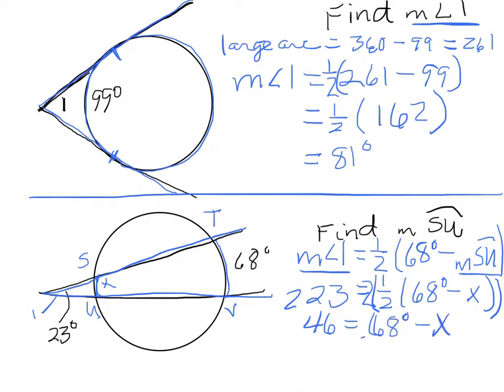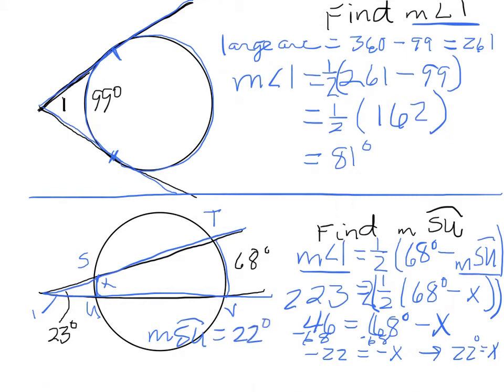And then if I subtract 68 from both sides, I end up with negative 22 equals negative x, and therefore 22 equals x. And so the measure of arc SU equals 22 degrees.